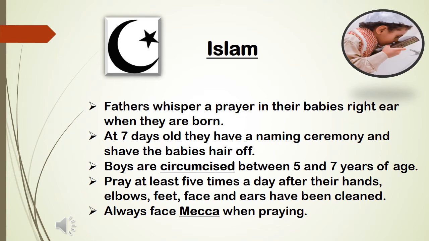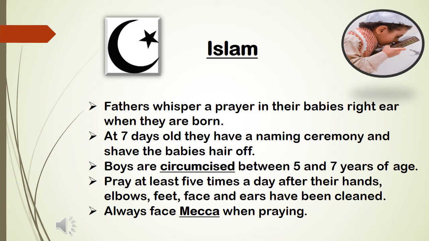Right, the next one is Islam. That is the Islam religious symbol, and the lovely boy who is also following the Islam religious custom. Right. Fathers whisper a prayer in their baby's right ear when they are born.